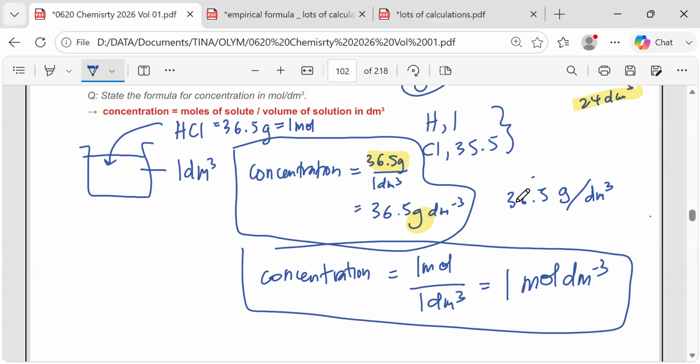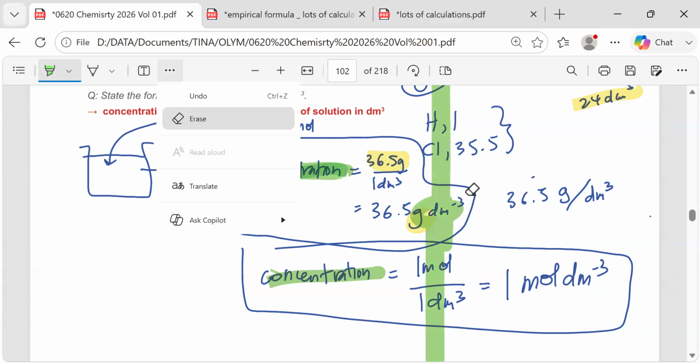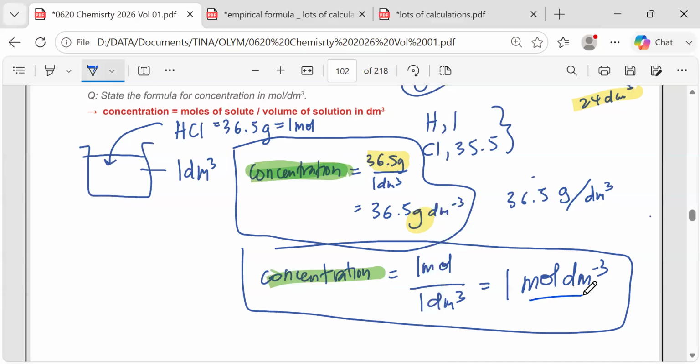So if I say concentration, then I have a problem. This is also concentration, this is also concentration. So we say this is concentration in gram per decimeter cube, and this one is concentration in mole per decimeter cube, also known as molarity.